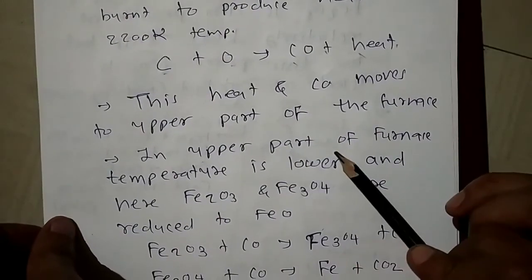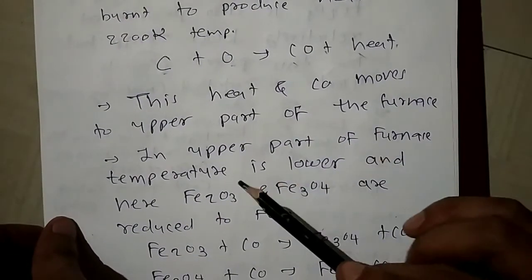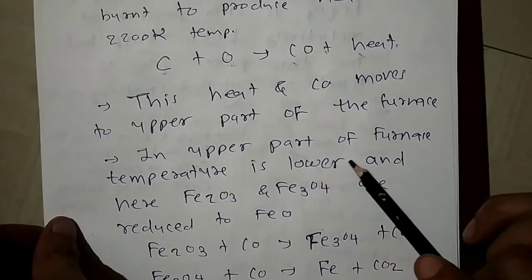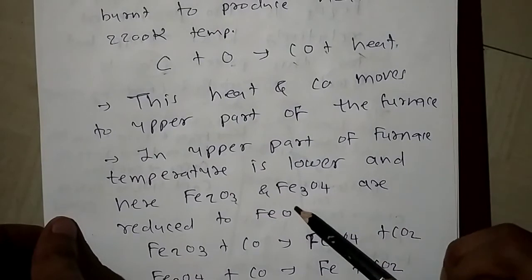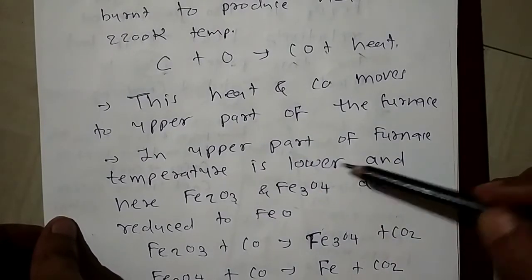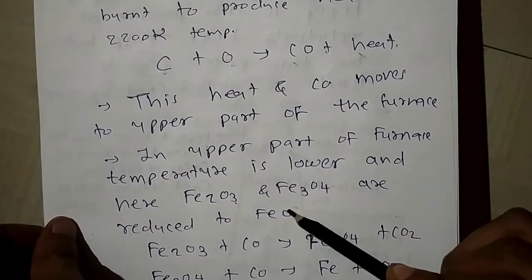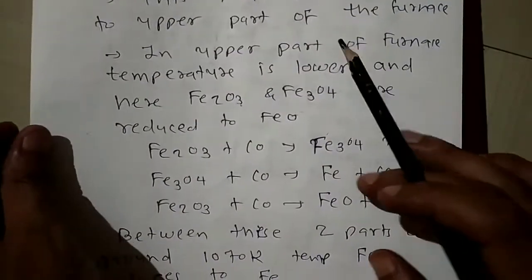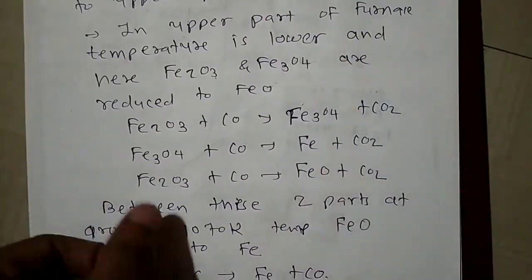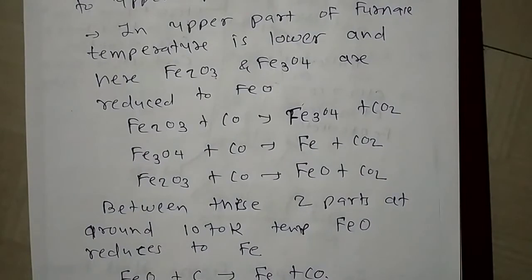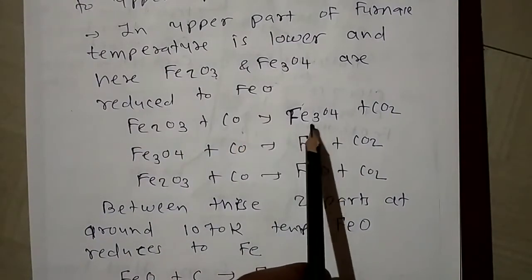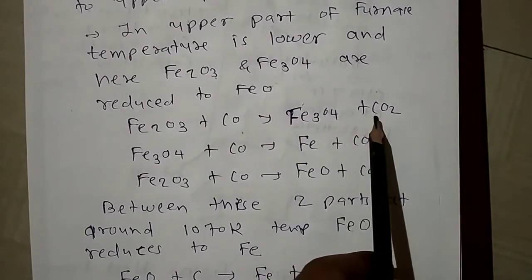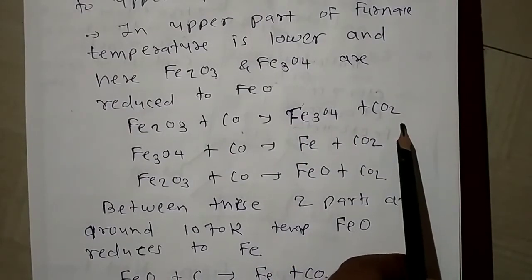In the upper part of the furnace, the temperature is lower, and here Fe2O3 and Fe3O4 are reduced to FeO. Here you can see the reactions. Fe2O3 plus carbon monoxide gives Fe3O4 plus carbon dioxide.